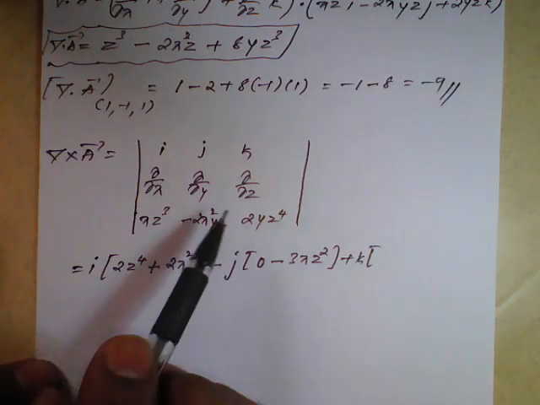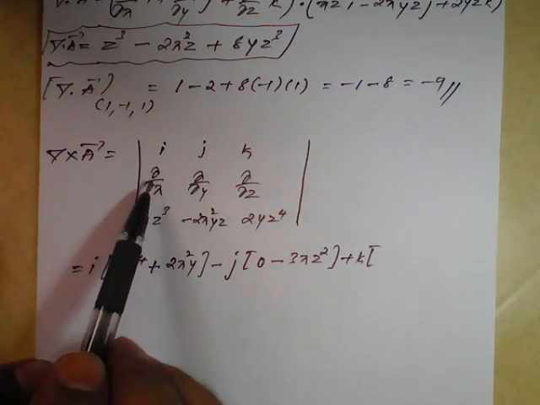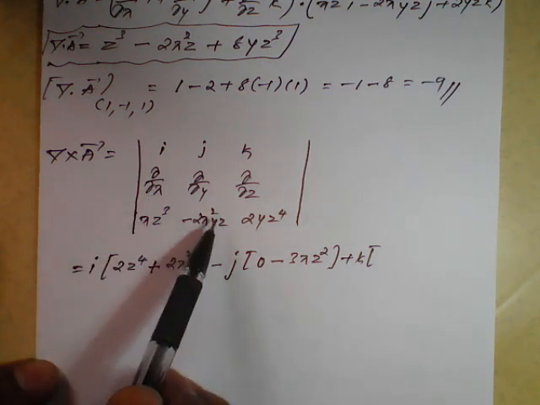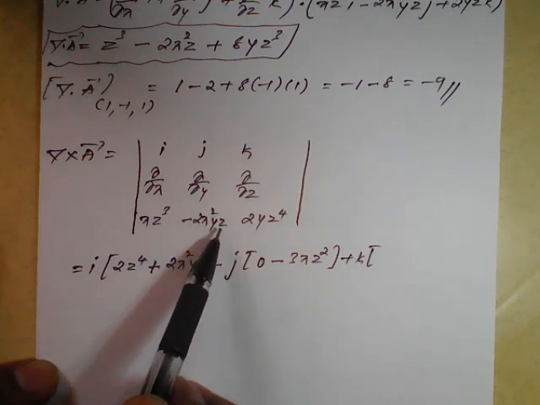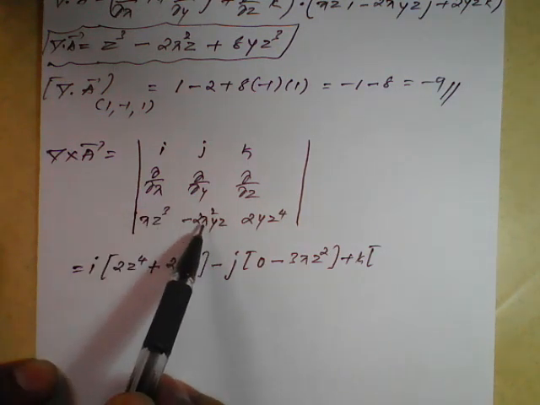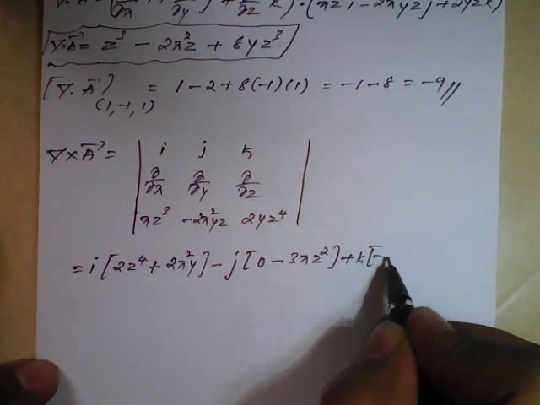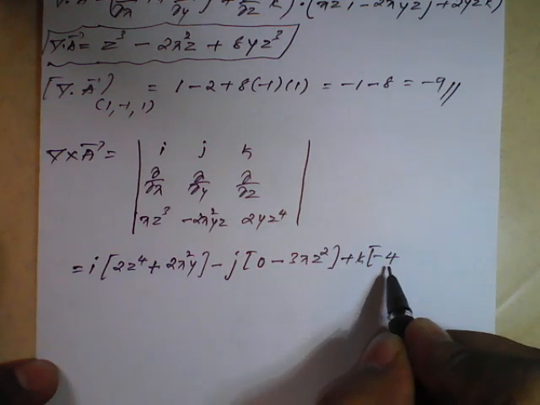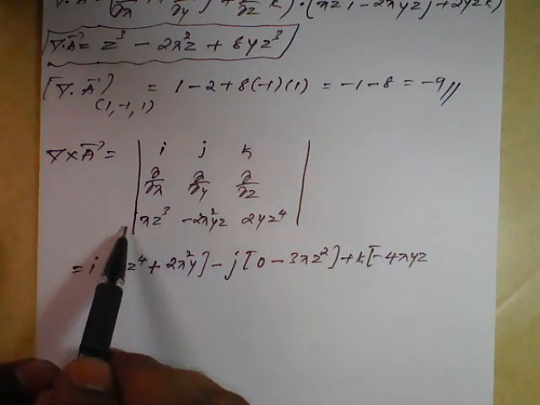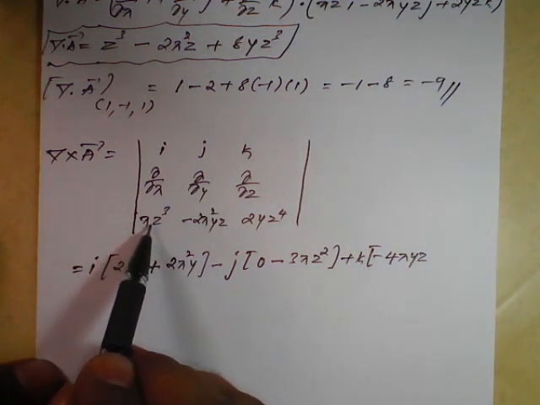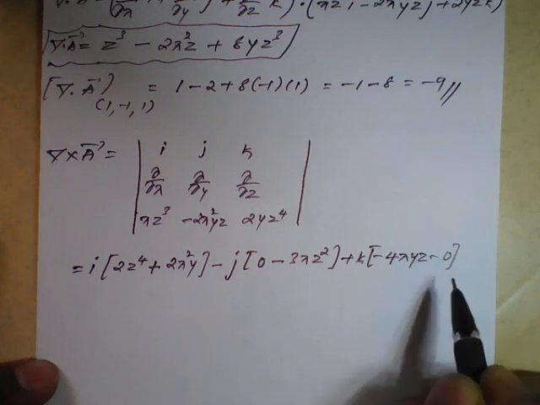k times partial derivative with respect to x of this middle term, that is minus 2x square yz. So here the x term is there, so it will become minus 4xyz. Then partial derivative with respect to y of this, here no y term, purely constant, minus 0.